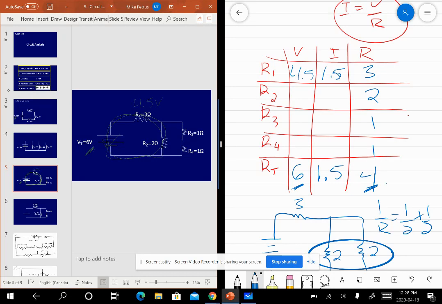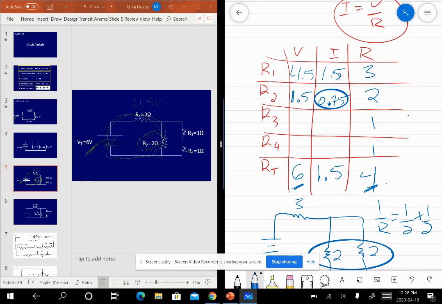How many volts does it have to drop at R2? Remember, the voltage gain at the source has to equal the sum of the voltage drops in the path. So if it dropped 4.5 at R1, then it must have dropped 1.5 volts at R2. I know two things, so I can find the third thing. 1.5 divided by 2 is 0.75.